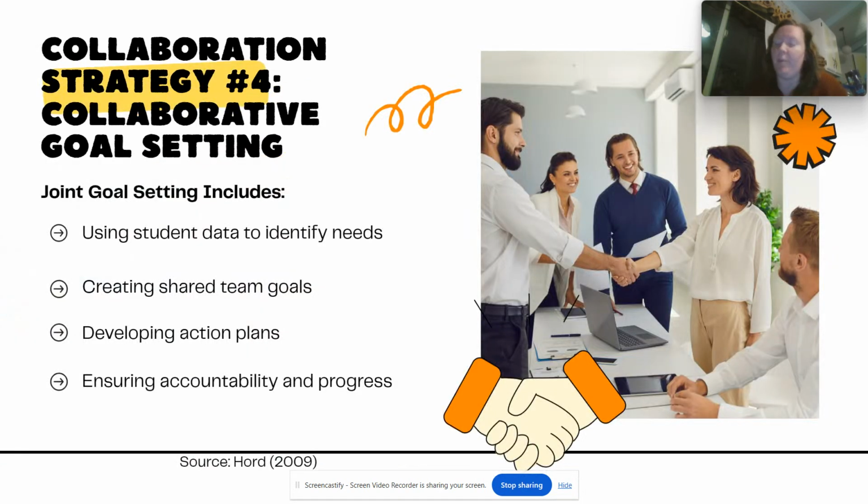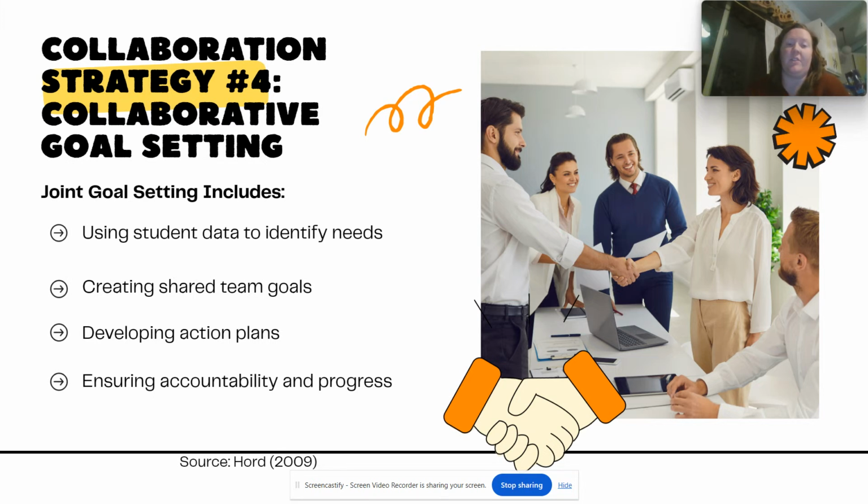Collaboration strategy number 4 is collaborative goal setting. We can all have a million things that we want to work on, but until we find that area that we need to and make a goal and things to achieve it, it's not going to happen. So we can make a goal together as a PLC, as an entire faculty at this junior high, however we want to do it.